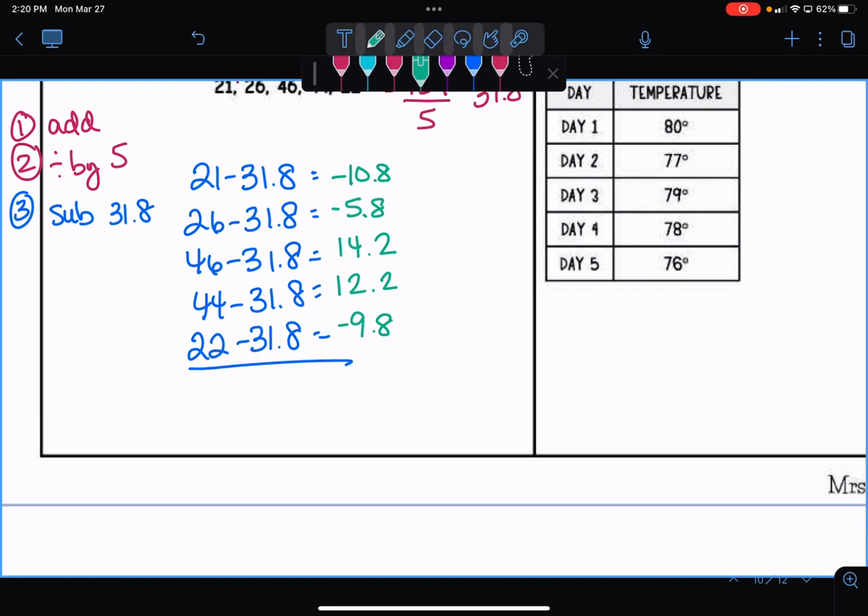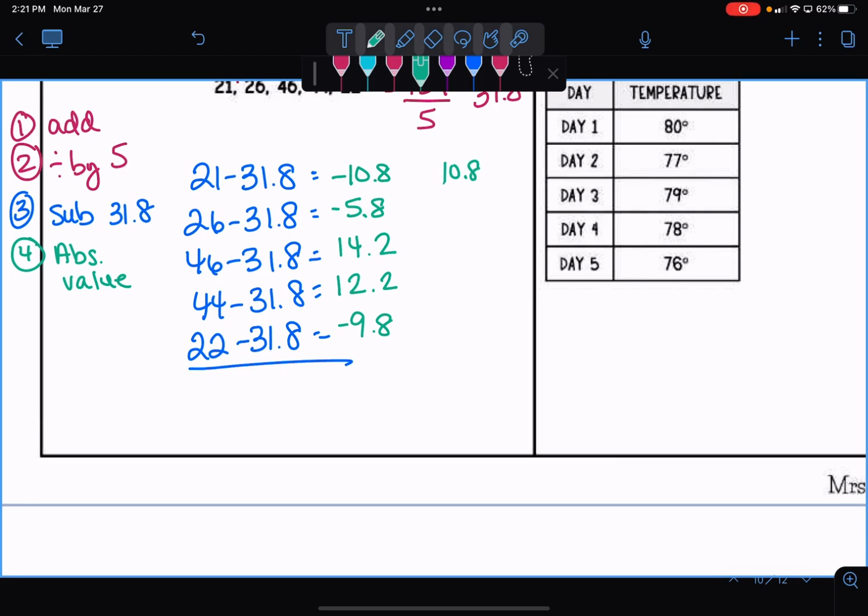Okay. You subtracted what? Oh, yeah. You have to subtract the absolute deviation. Okay, so after you have subtracted, you want to get the what? Absolute value, which just means you want them to be positive.